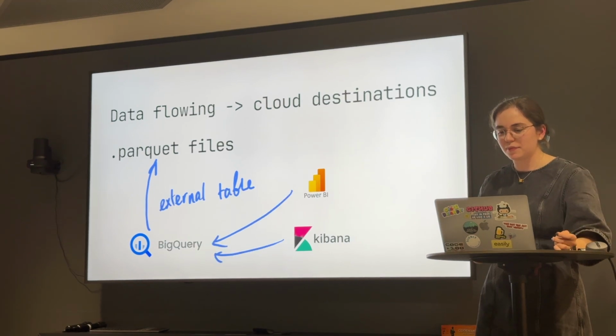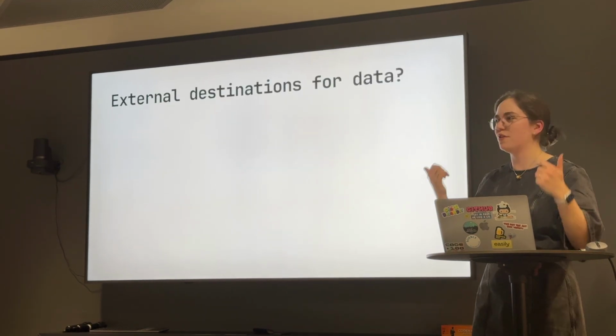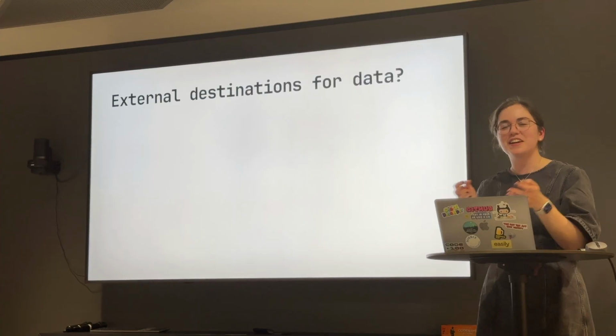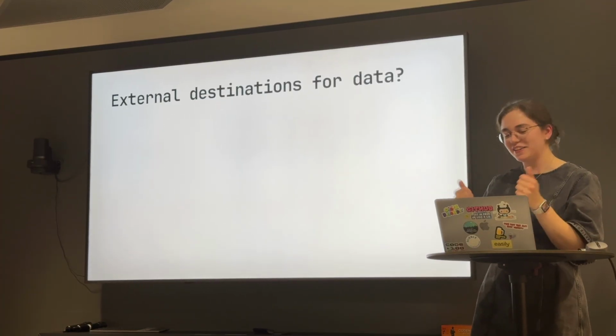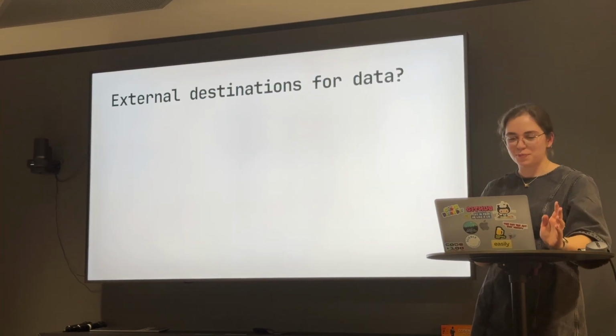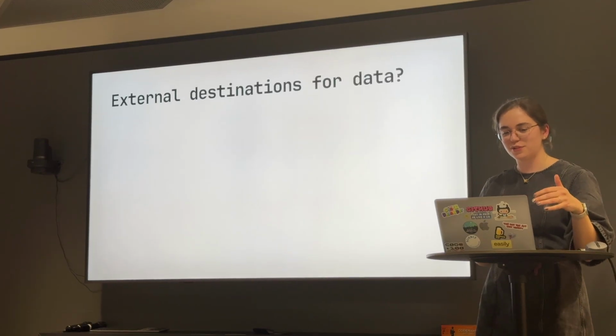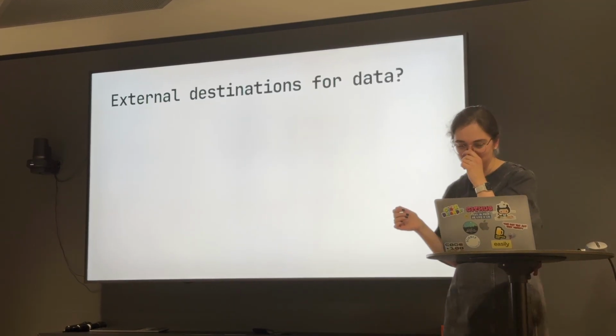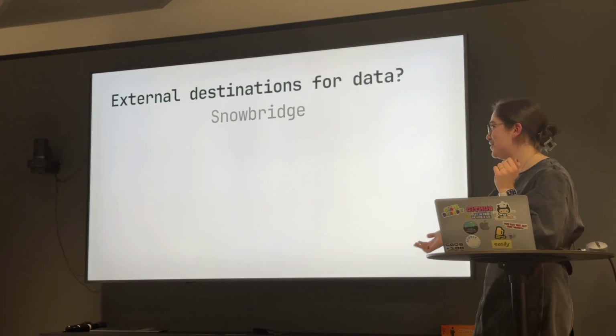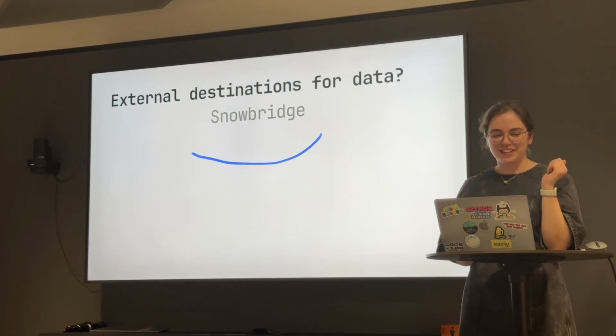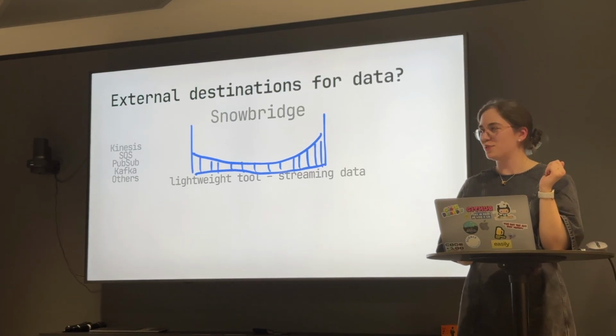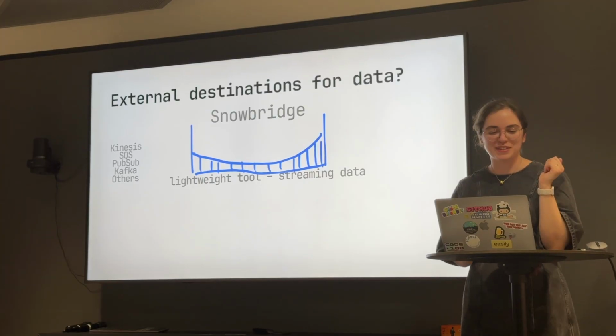But then we started with something a little bit different, which was external destinations. The problem at hand was telling your ad provider that the ad worked. That is also possible, now that you've tracked it. They have a piece of software called Snowbridge. It connects snow to snow, I guess, same stuff of the same stuff.